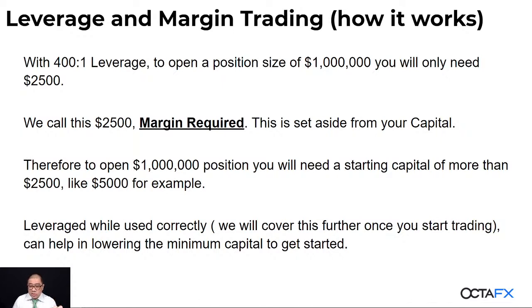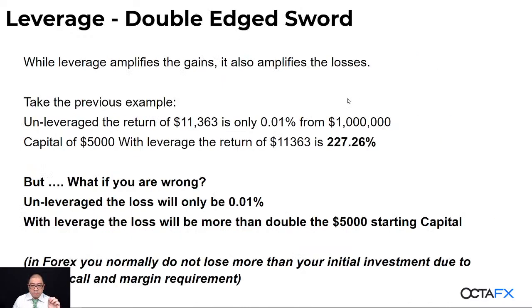Okay, so if you use this correctly, you can help lower the minimum capital requirement to get started in the market. And this is also from the previous webinar slide. Just a reminder that it is a double-edged sword. It will amplify your gains. It will also amplify your losses.